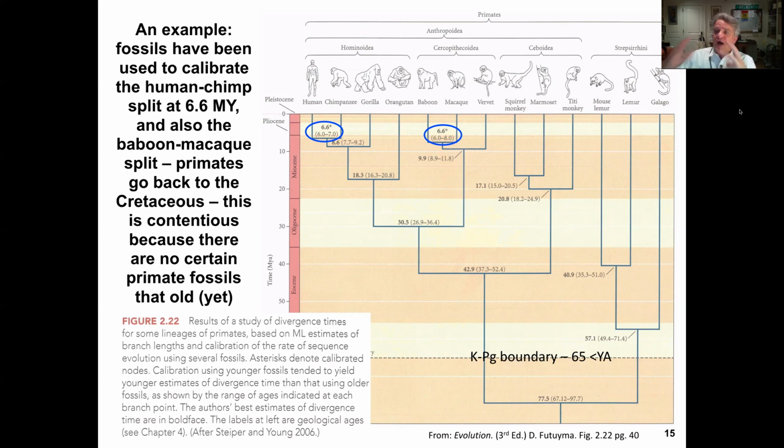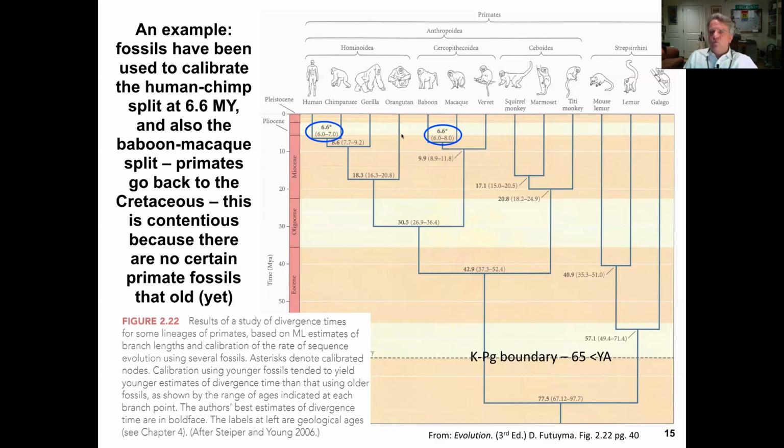And in fact, fossils from the same formation of 6.6 million years are also used to date the split between the baboons and macaques. Now, these are obviously different fossils, but it just so happens that these important fossils are found in the same formation. Hence, that's why they have the same age of 6.6 million years. And in the case of the chimpanzee-human split, these fossils are resolved on the human lineage, not the chimp lineage.